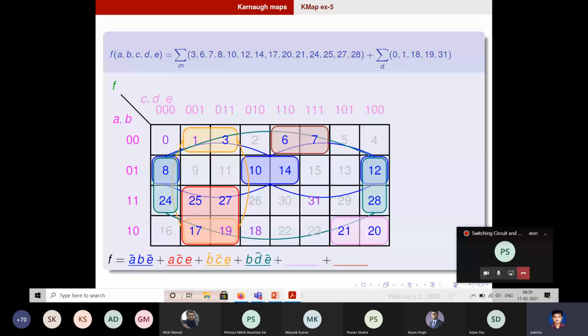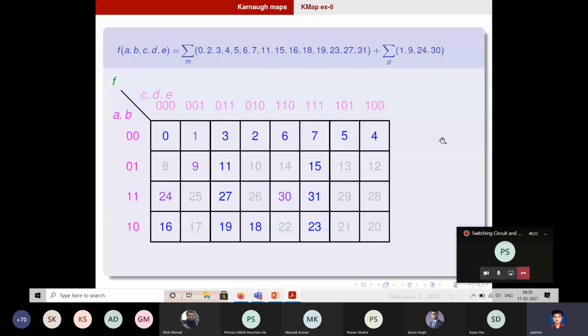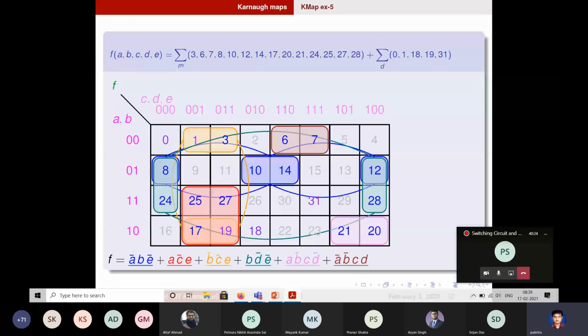This is another example. Now you just tell me the numbers of the cubes that we can form. The goal, as you remember, is to form as large cubes as possible, consisting of adjacent cells in groups of 2, 4, 8. The don't cares I can conveniently treat as 1.